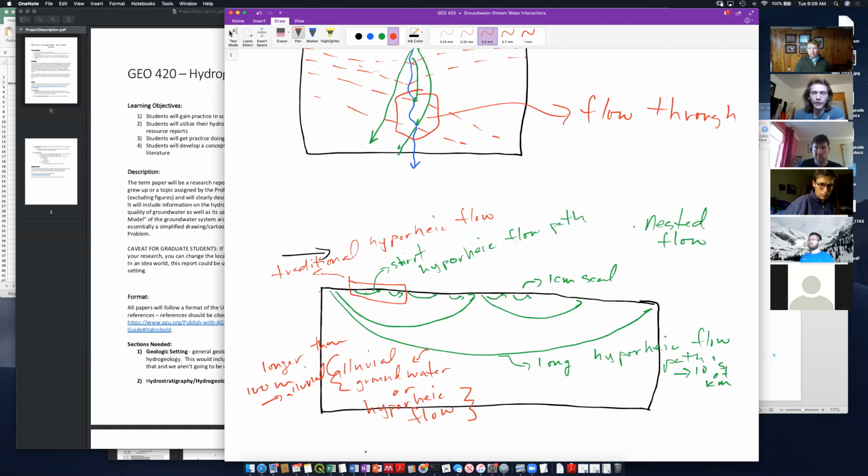Hey, Peyton, what's your opinion on this? I've heard the hyporheic zone defined as groundwater that has at least 10% surface water within it. That 10% might be a shot in the dark, but what is your general opinion of that definition?